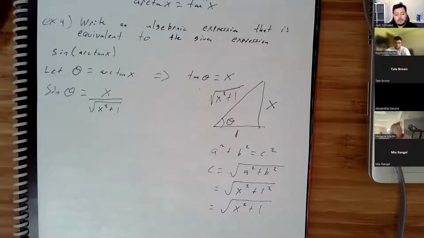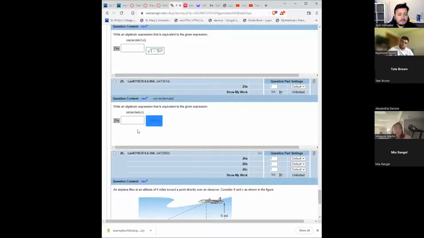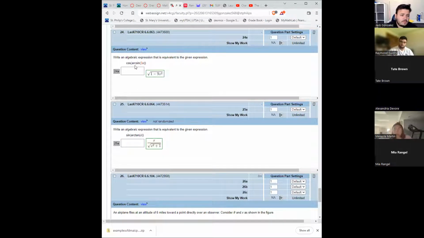Now you'll do the same thing for this one. Notice how they got this here. This guy will be the same. So you'll let the inside be equal to theta, change it into sine of theta equals 3x, and then build your triangle. And then solve for cosine. Okay.